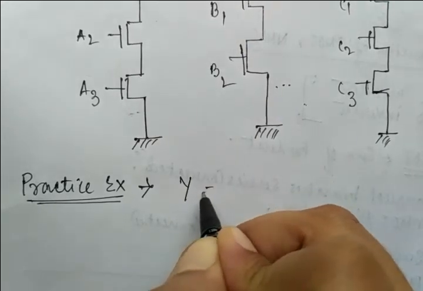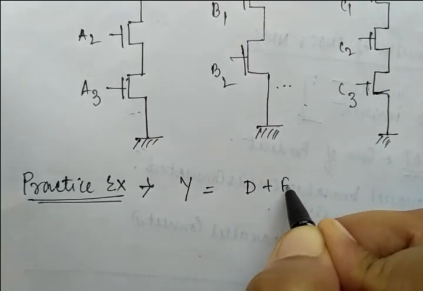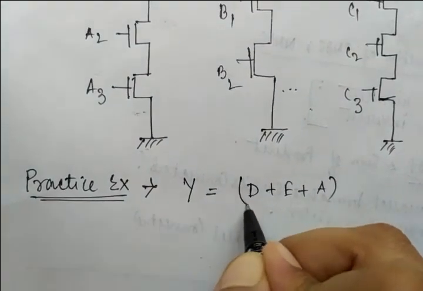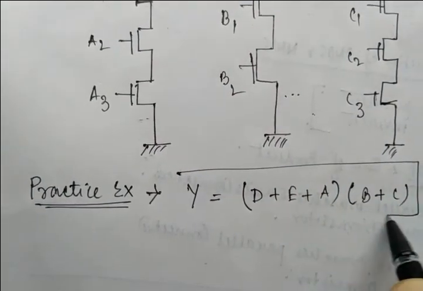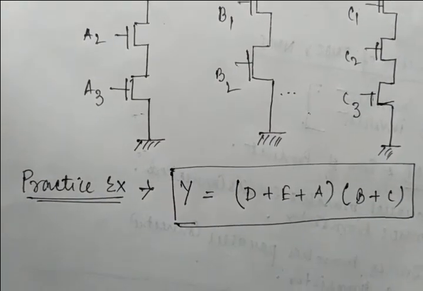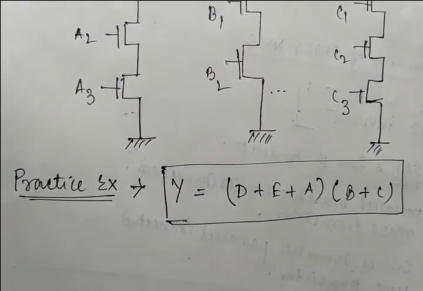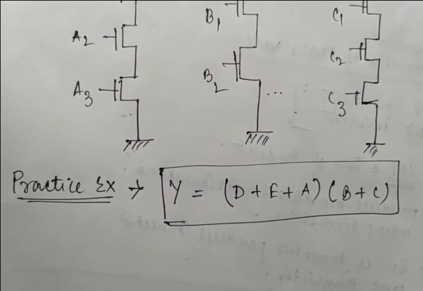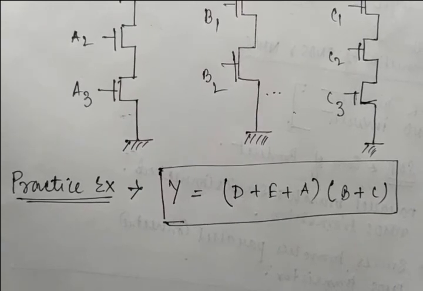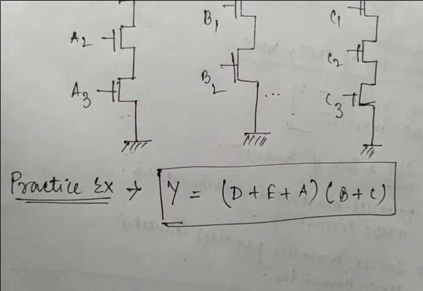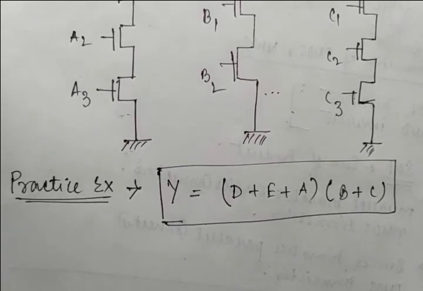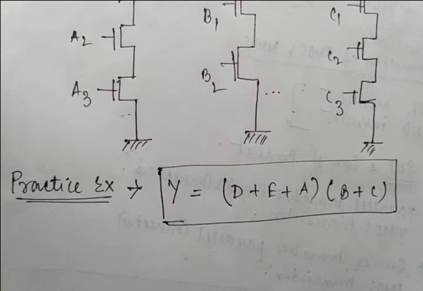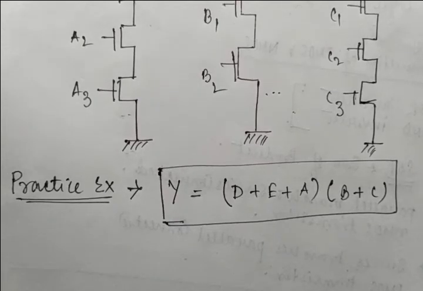That is y equal to d plus e plus a into b plus c. I have not explained how to design the Boolean expression, but I am giving this practice example to you. Please try it on your own, how to design these expressions using the logic of AOI and OAI.